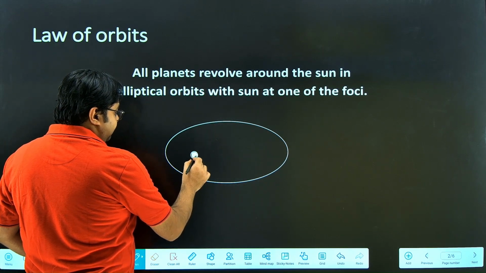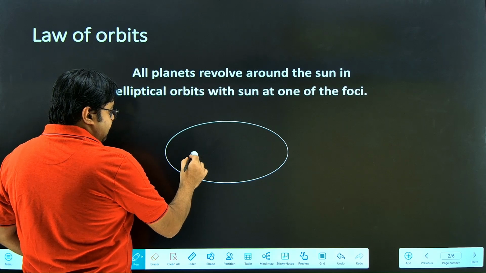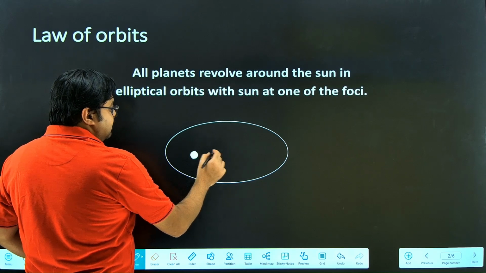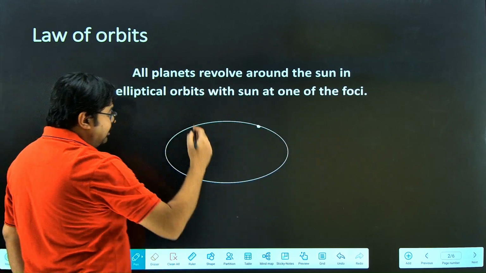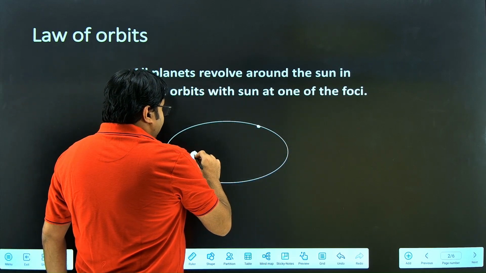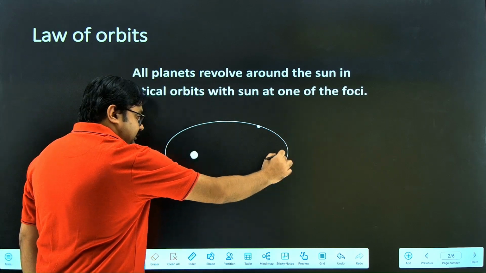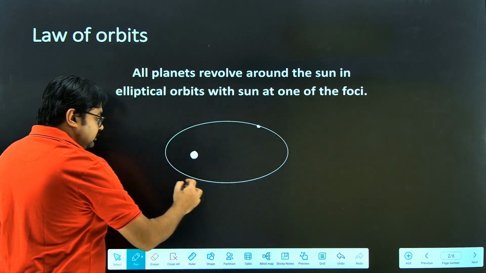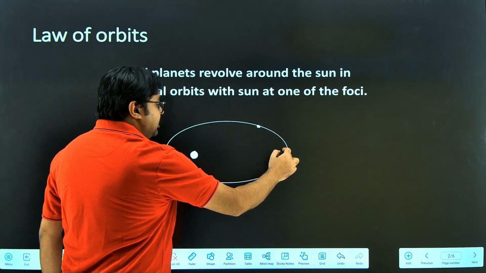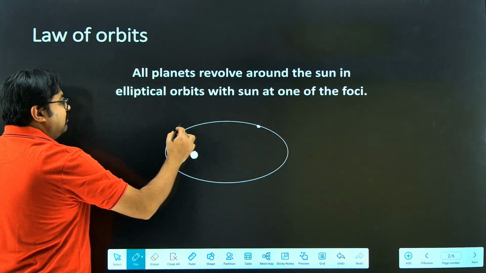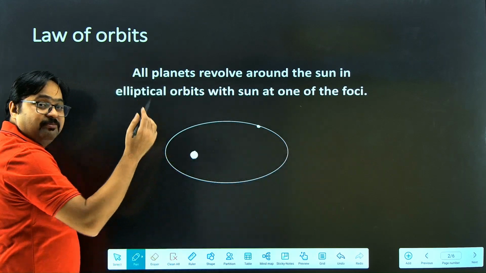So that's the sun. You can have a planet, and the planet is revolving around the sun, and you see that the speed of the planet is actually not uniform. Here it slows down, and then here it speeds up, and then slows down and speeds up, and so on.